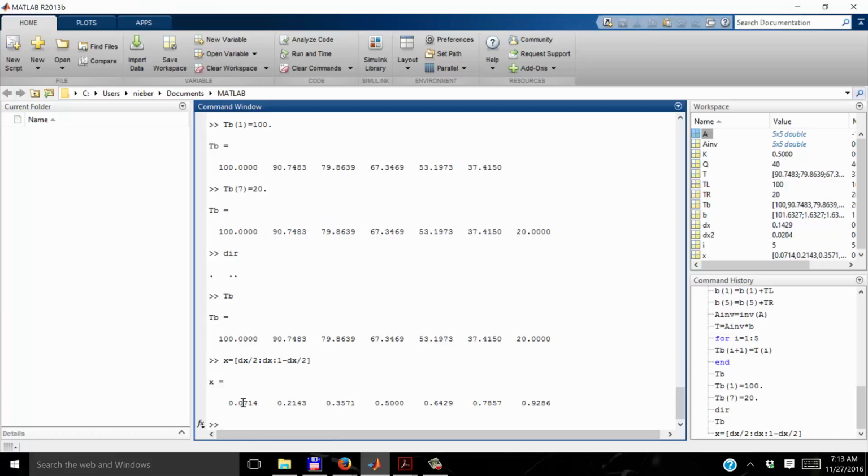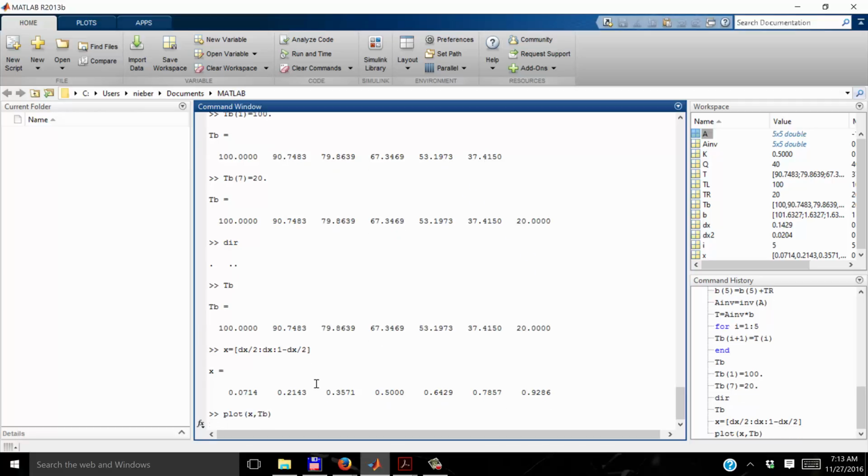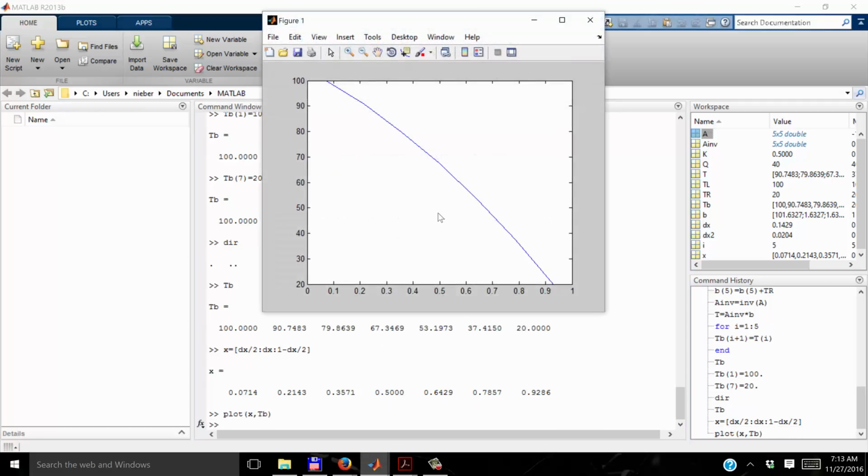So the center of the first grid cell is at 0.0714. The last one is at 0.9286. So now we can plot these. And that's what that would look like.